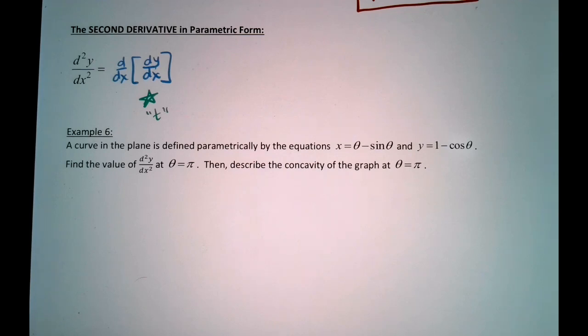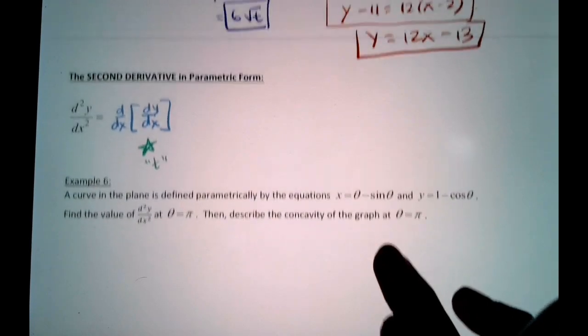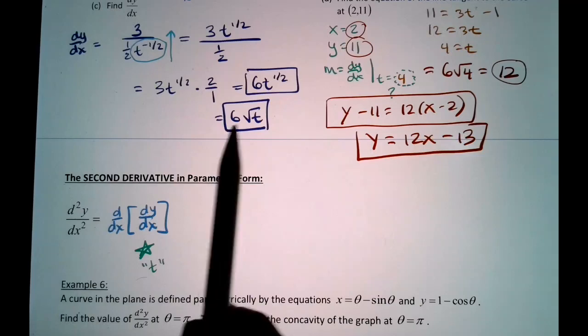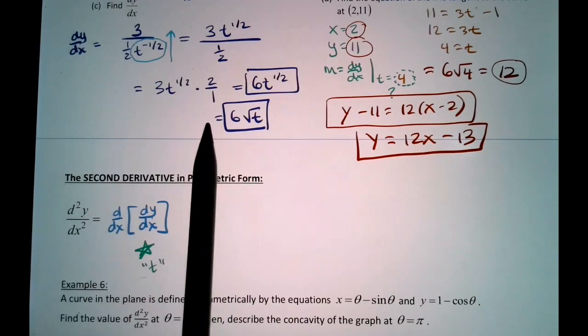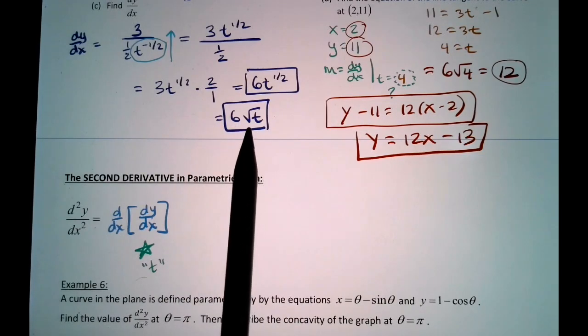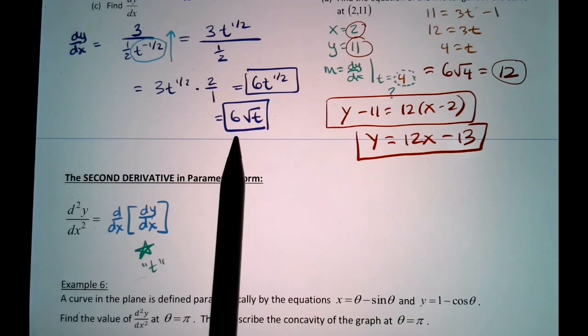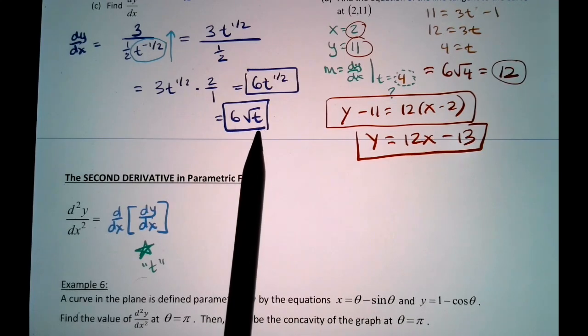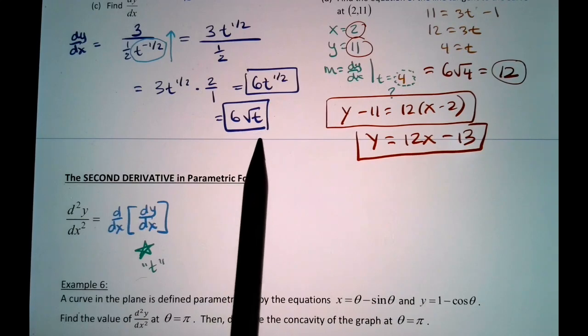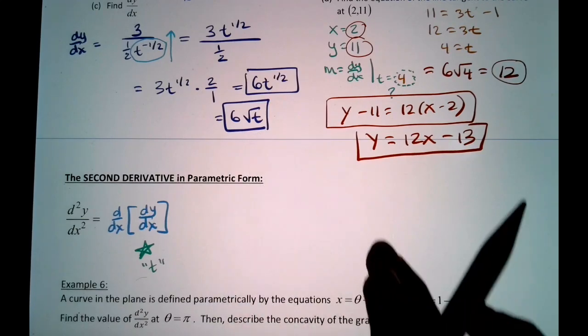So here's what I can do. Let's even just go back to that last example. dy dx was 6 square root t. I can take the derivative of this, no problem at all. But when you're taking the derivative, you're taking the derivative with respect to t. So let's be clear about this.